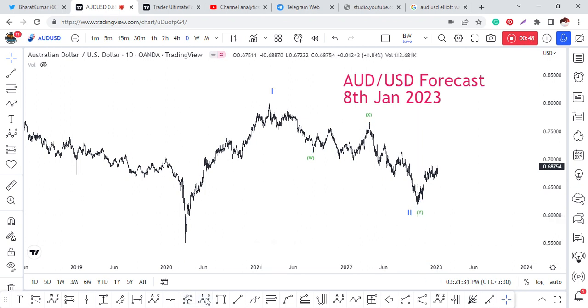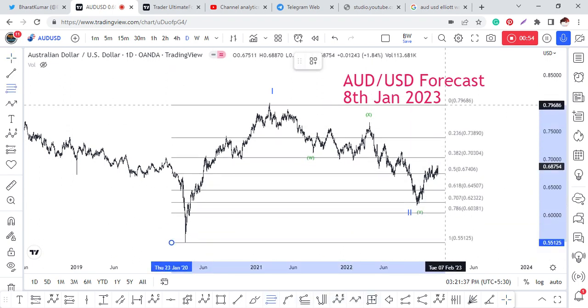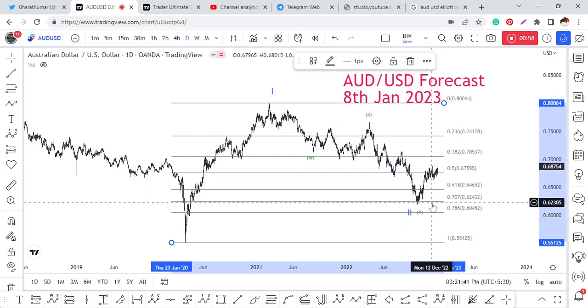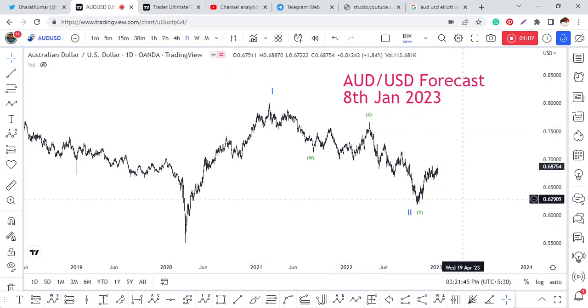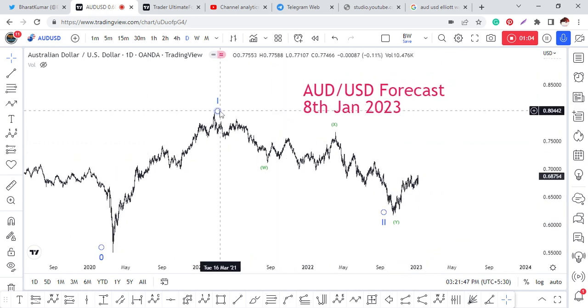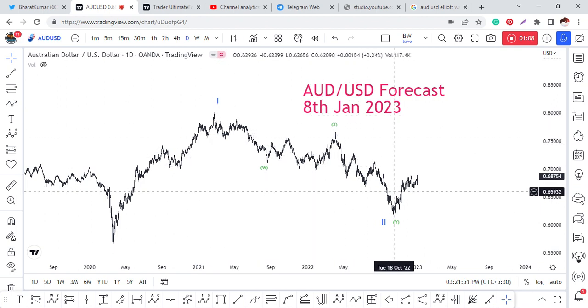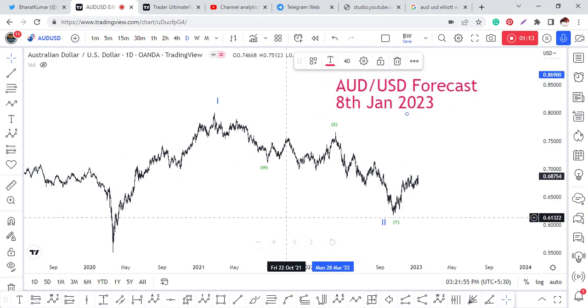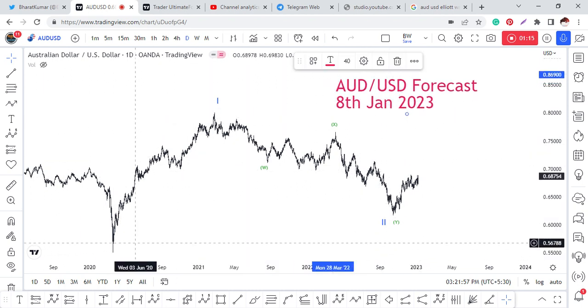Let's see how much correction there was. It appeared to be around a 70 percent correction, and I have labeled it as a W, X, and Y wave. So it is like a textbook pattern.